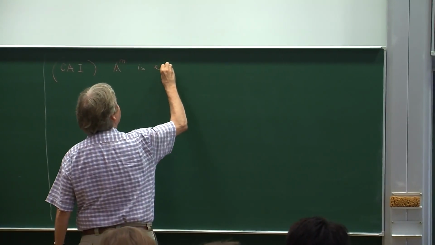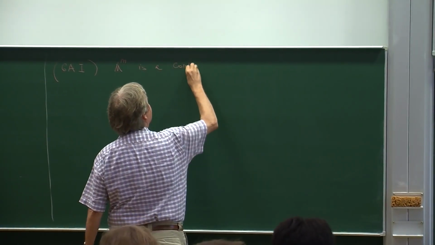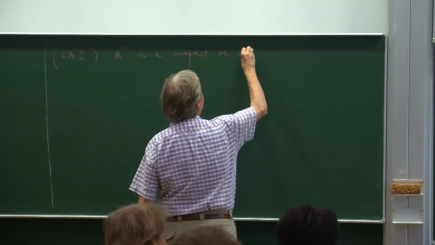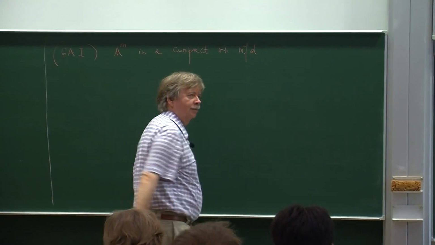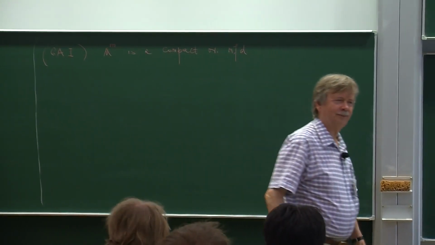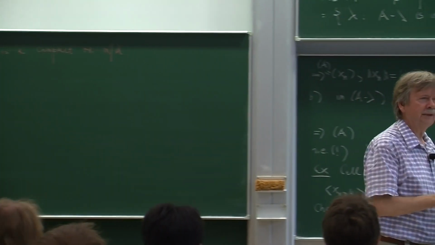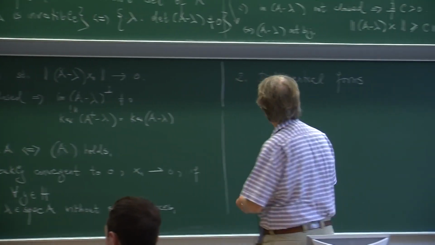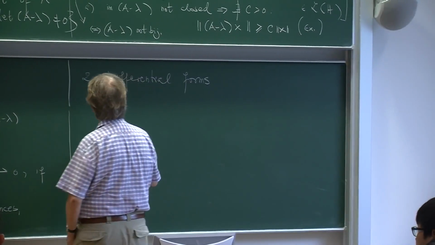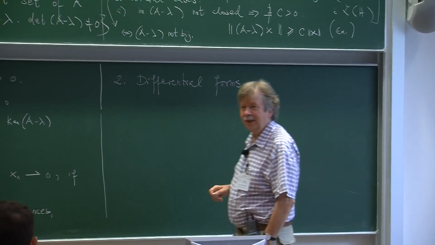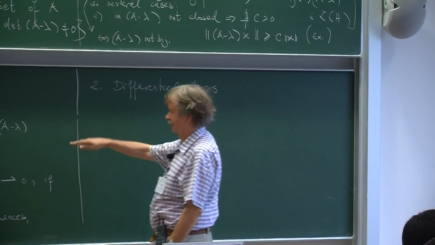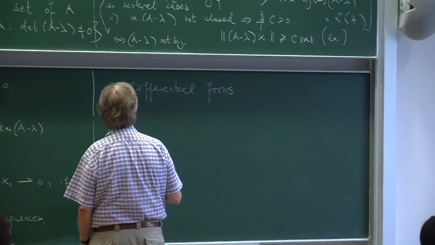M is a compact and oriented manifold. Marcus made this assumption also, but of course not in general. But this is the nice class we want to study first. So what are the differential forms? I assume that most of you are familiar with this, so I make a sketch very much like this.